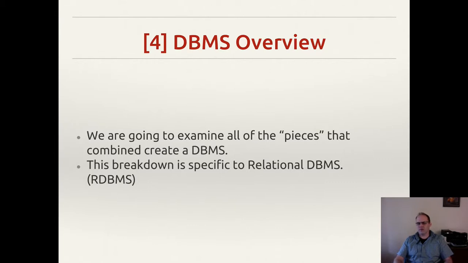So for example, I mentioned that current relational database management systems usually manage their disk access, whether it's reads or writes, and they don't go through the operating system file system to do that, right? I said that was advantageous for speed reasons, but here we're actually going to dive into what makes that work.